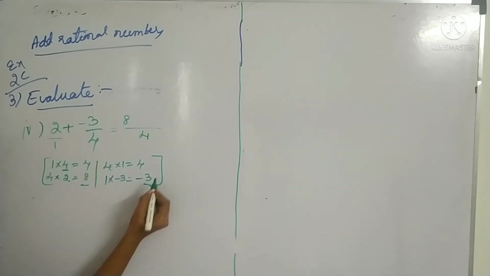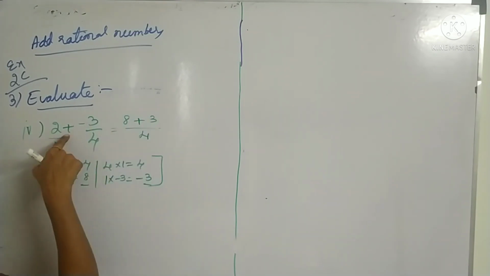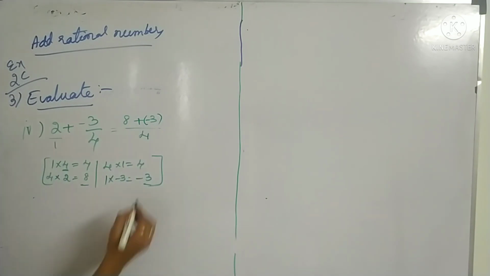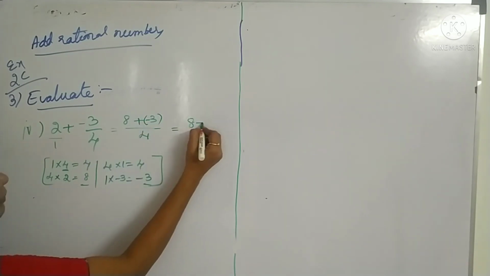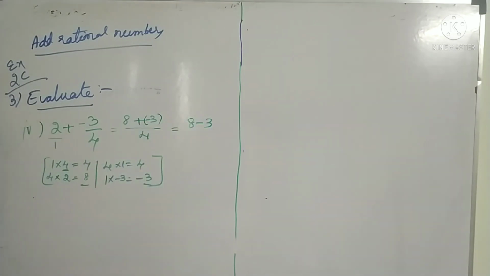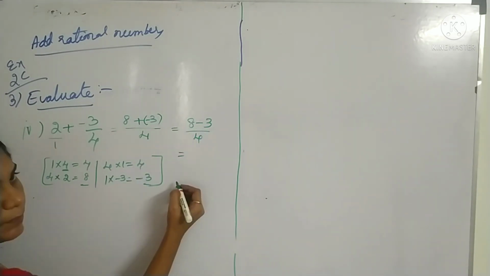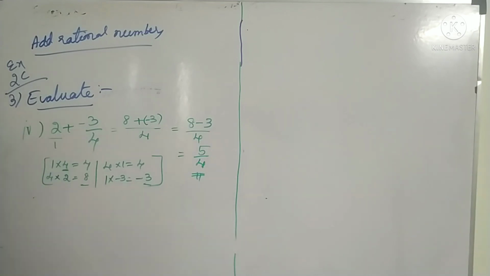Replace this with 8 and minus 3. Don't write 8 minus 3 directly. Here plus is there and in the brackets write minus 3. Plus into minus is minus, so 8 minus 3 by 4. 8 minus 3 means 5. 5 by 4 is your answer.